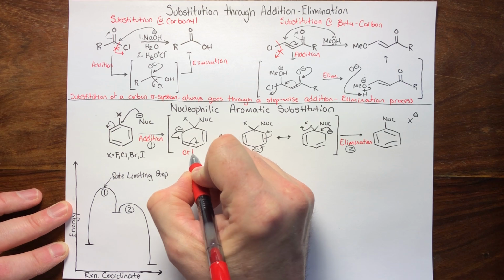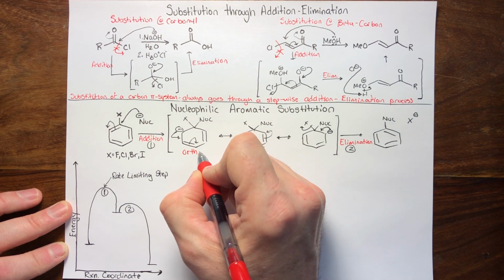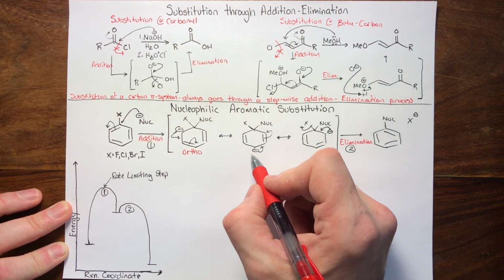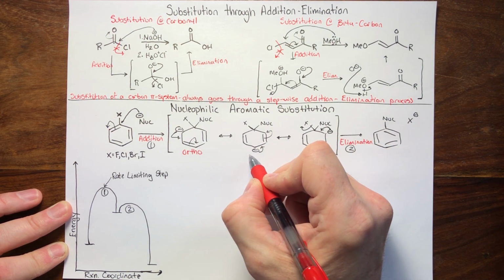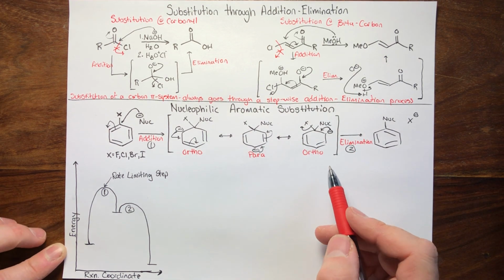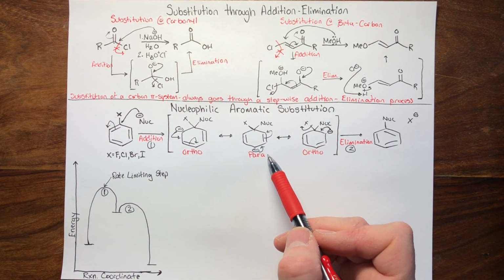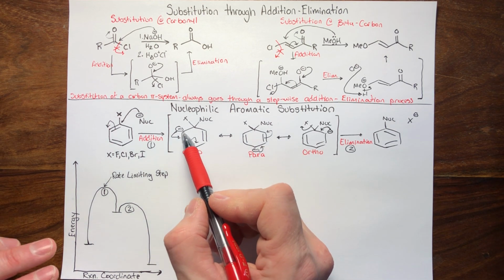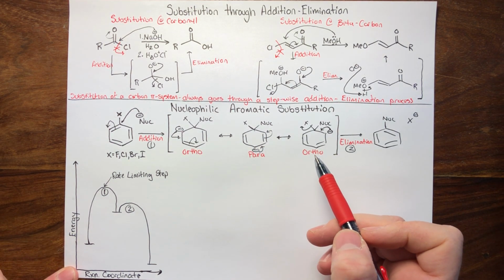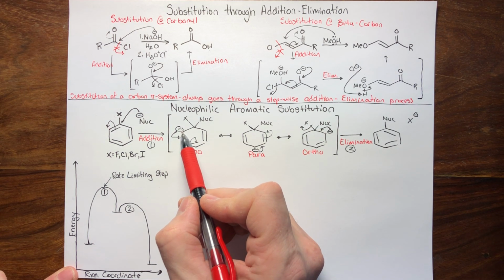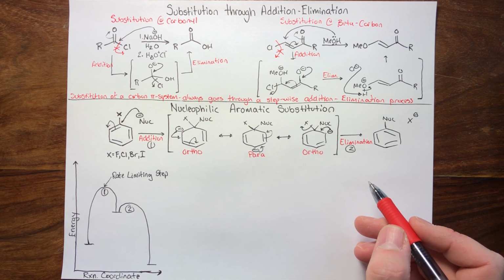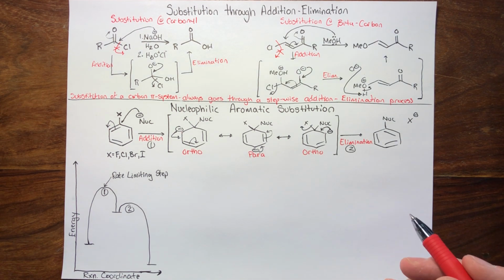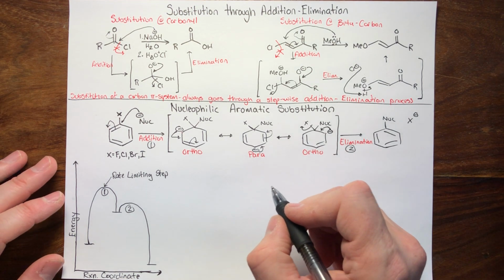So you can see that we're forming that anion in the ortho position, in the opposite ortho position, and also in the para position. So on that anionic intermediate, that electron density exists mostly in the two ortho positions and the para position. So if we're able to put an electron withdrawing group in those positions, that's going to significantly lower the energy of the intermediate and allow nucleophilic aromatic substitution to occur.